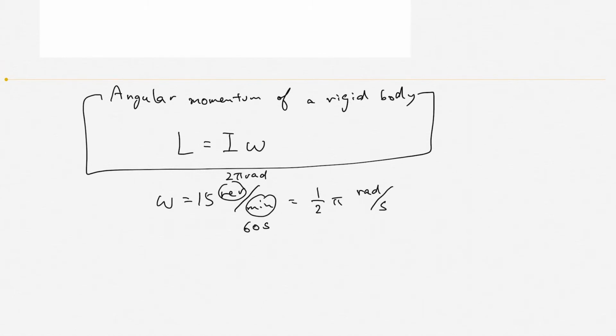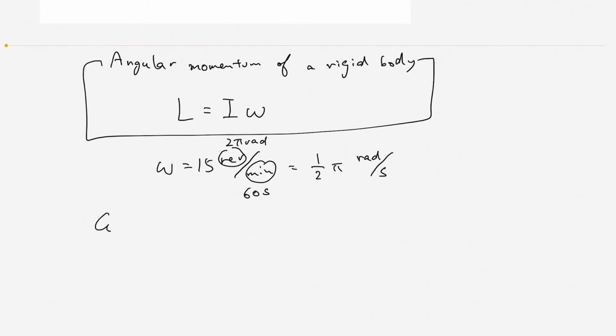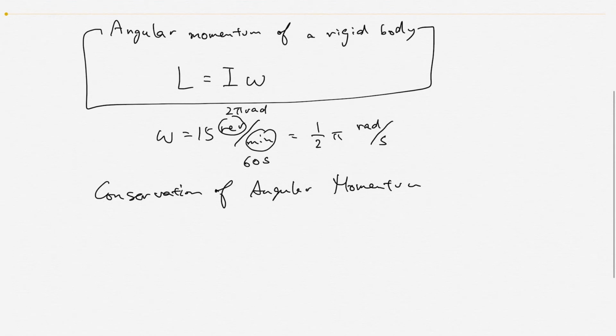Then you can use the conservation of the angular momentum. Before the child hopped onto the merry-go-round, the angular momentum is only that of the merry-go-round itself, so it should be I omega.